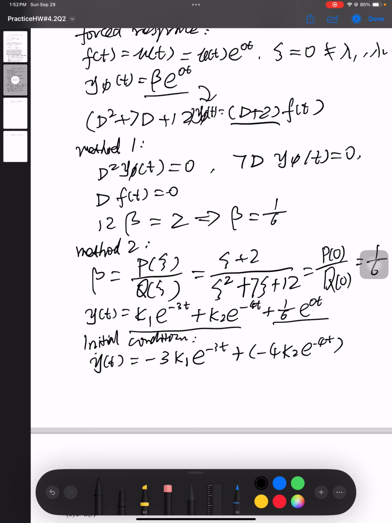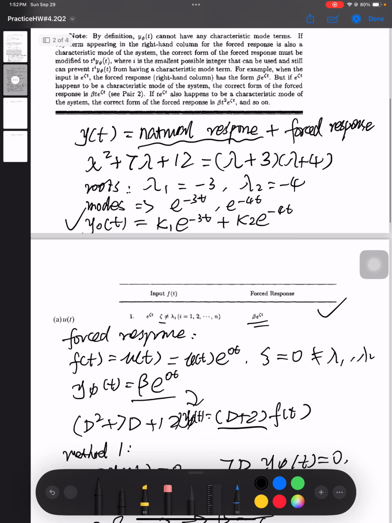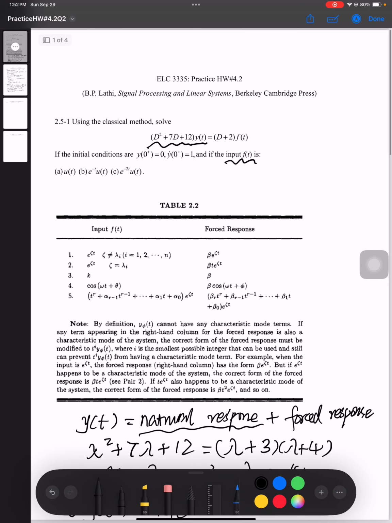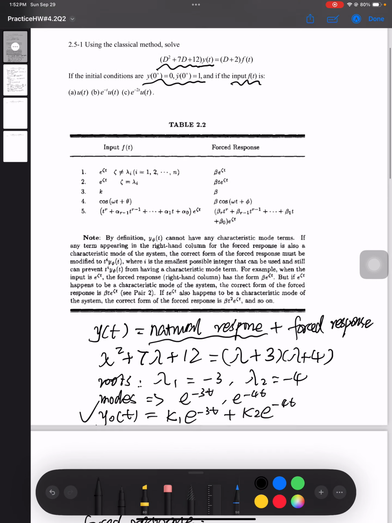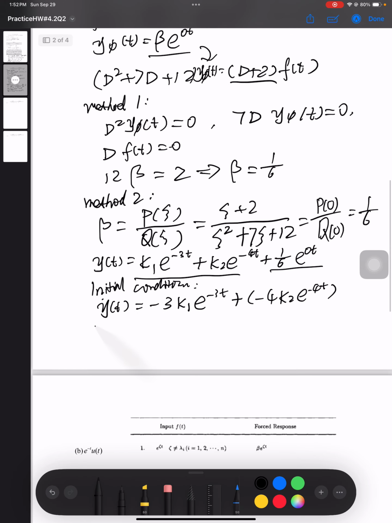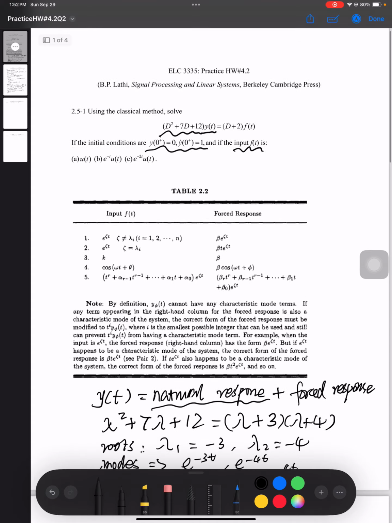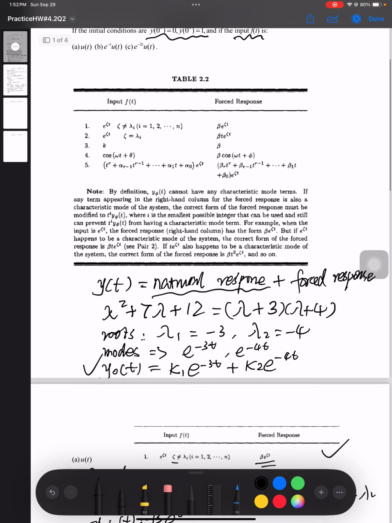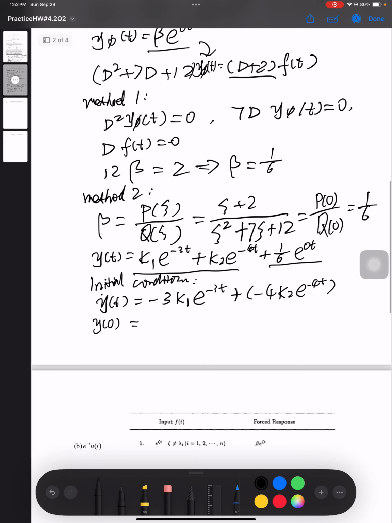We already know the initial conditions: y(0) equals 0, and the derivative of y(0) equals 1.